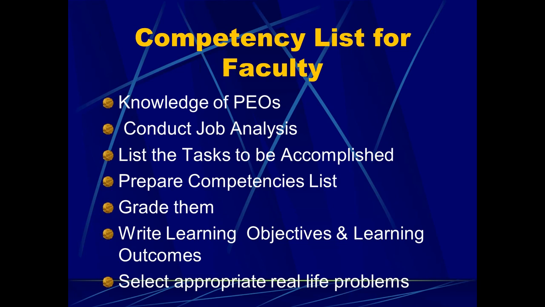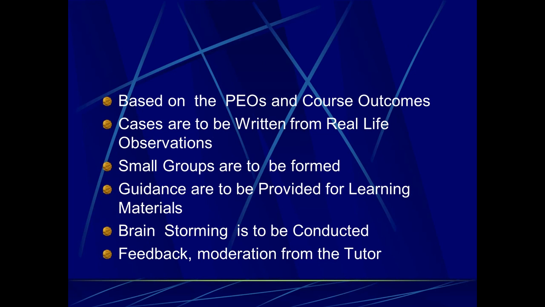Let us see the competency list for faculty: knowledge of program educational objectives, conduct of job analysis, role of the tasks to be accomplished, prepare a competencies list, grade them, write learning objectives and learning outcomes, select appropriate real-life problems, maybe from field situations, industries, or whatever comes in the newspaper, and convert them into a problem.